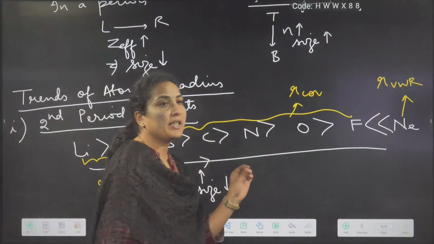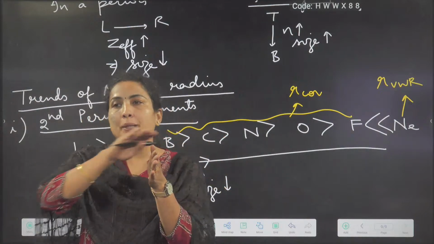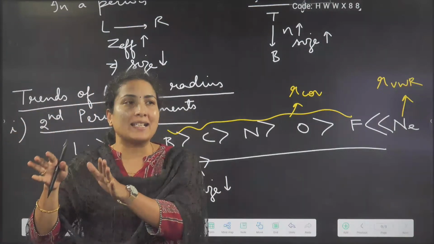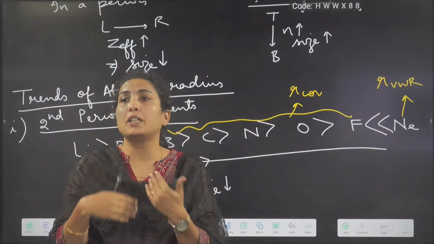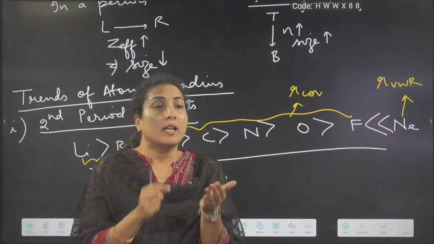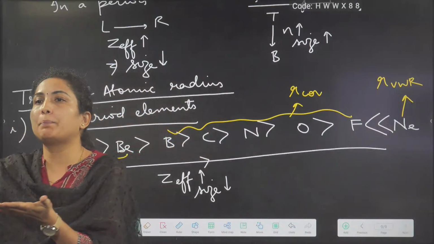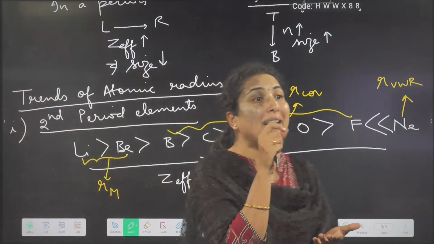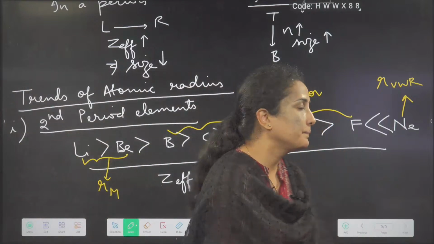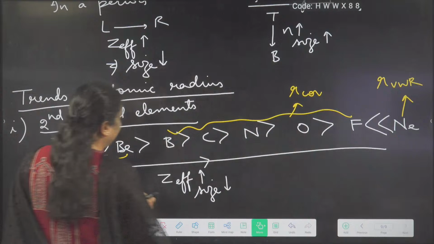So in a way, we can say that the inert gases will have maximum size in their own period. I'm not comparing between random periods here. In a given period, the size of the inert gases is going to be maximum in their period. Okay. So I'm going to write this down here.